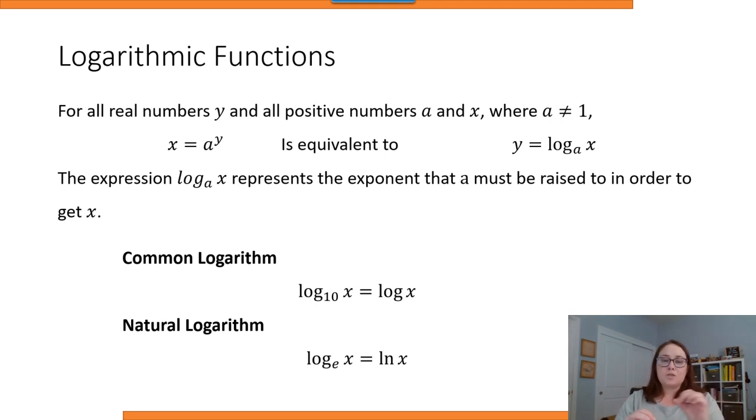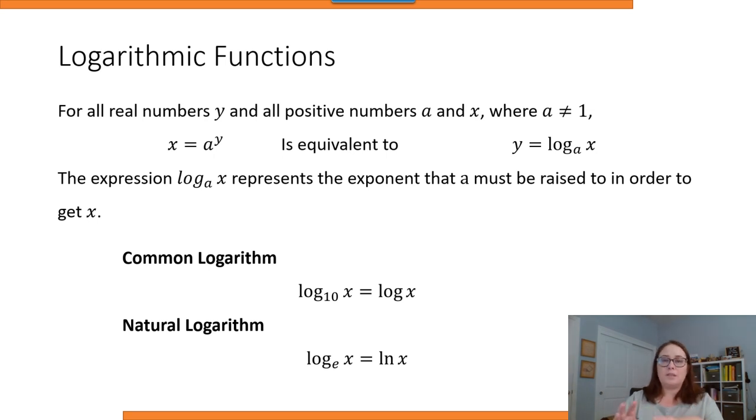The other one is the natural logarithm. So this is base e, that funny number. It's an irrational number, kind of like pi. And we abbreviate this using the notation ln instead of log. So whenever you see ln of x, that is the natural log of x, or log base e of x. You should see the ln key on your calculator as well.